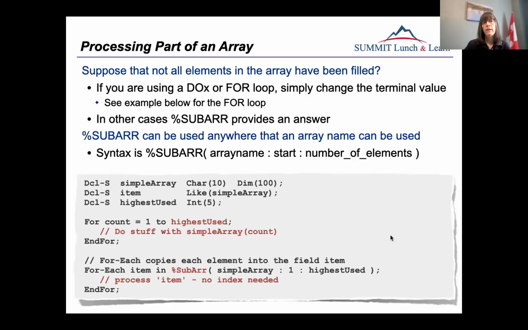By the way, another way to deal with processing part of an array, hang around for part 2, because sometimes you don't necessarily have to have the subarray. You can just make it a variable dimension array. But that requires listening to John in the next part.